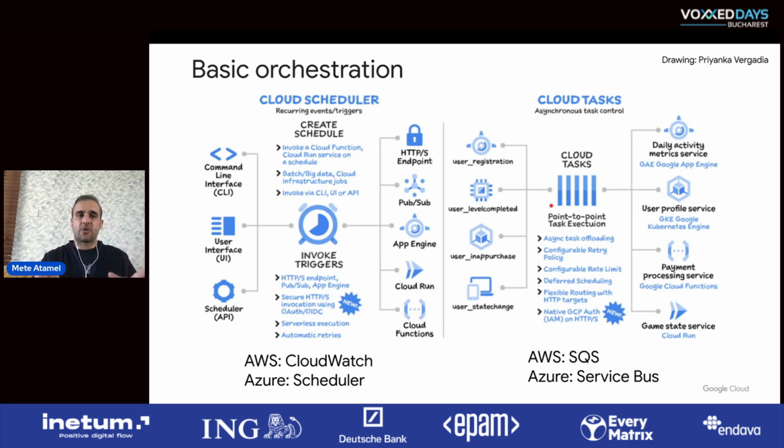So these kind of services also have their correspondence in AWS, like CloudWatch and Scheduler on Azure, and AWS SQS or Service Bus on Azure. These basically enable some kind of basic orchestration around our serverless services.